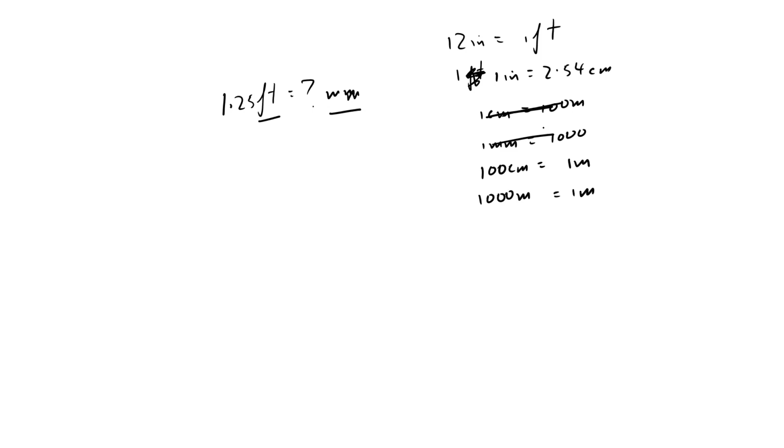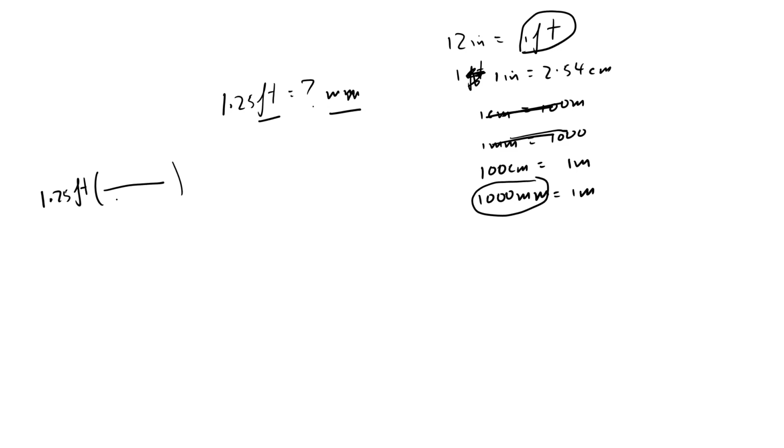So these are the relationships we can use to convert from feet ultimately to millimeters. So how are we going to set this up? Well, we start off with the 1.25 feet, and then we multiply this by, we convert inches, right?